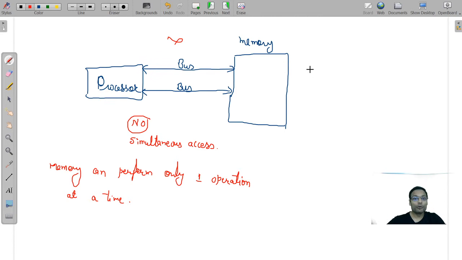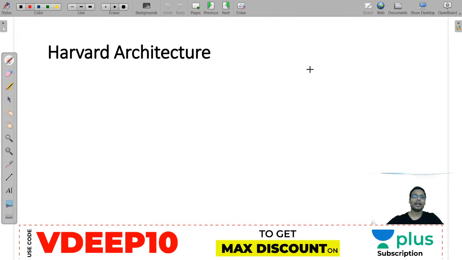But suppose if you want to read the instruction and data simultaneously, then you need to have two memories, and that was the solution of this bottleneck given by another set of scientists and called as Harvard architecture. Why Harvard architecture? Just because the professors from Harvard University have given this solution.